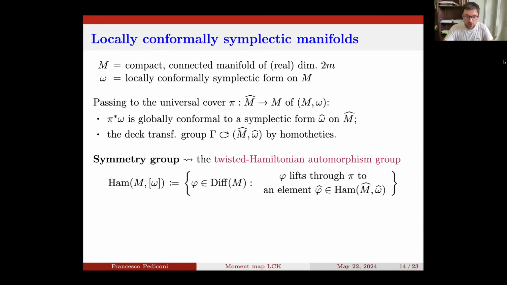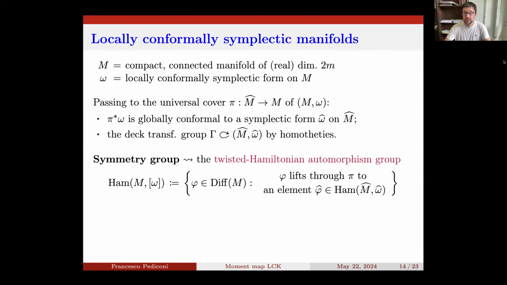So the natural gauge group here acting on the locally conformal symplectic manifold is going to be the so-called twisted Hamiltonian automorphism group. And the twisted Hamiltonian automorphism group is precisely those diffeomorphisms of the manifold M that lift through the universal cover and define a Hamiltonian transformation on the symplectic form omega hat on the universal cover M hat.